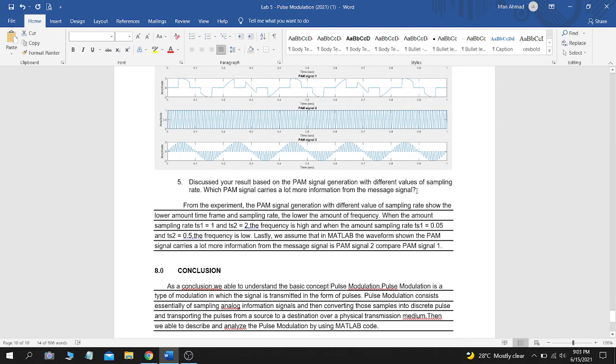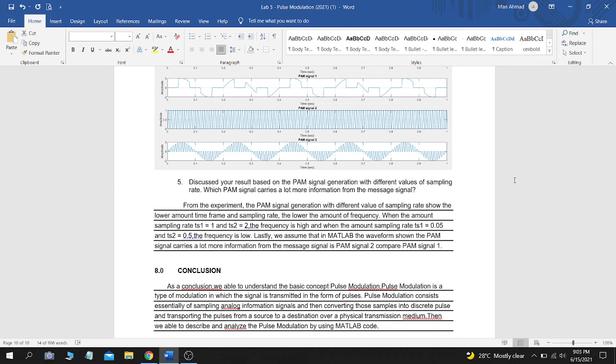Then discuss the result of pulse signal generation between the values of sampling rate, and which pulse signal carries more information. For the experiment, the pulse signal generation with different values of sampling rate shows that the lower the sampling rate, the lower the frequency. When TS1 equals 1 and TS2 equals 2, the frequency is high.